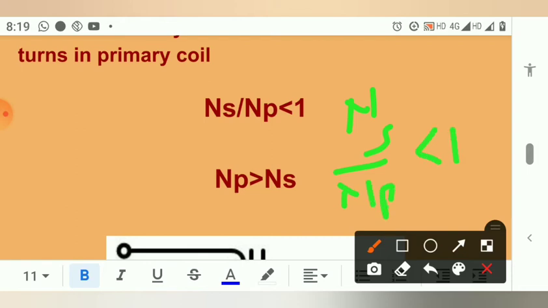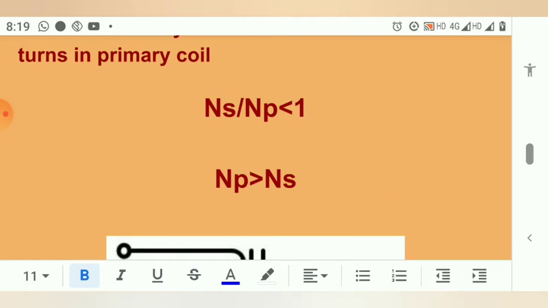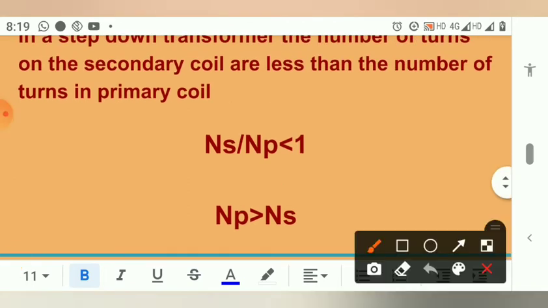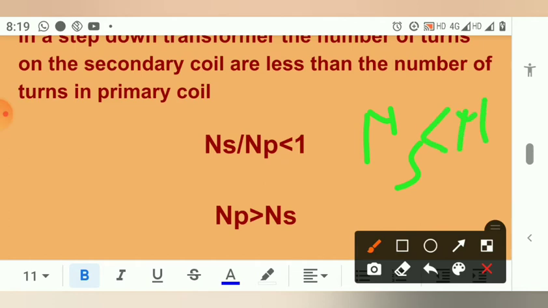We will take it to the cross multiplication. Through cross multiplication we move it to here, then we will be getting ns is less than np. Now you will be a little bit confused.